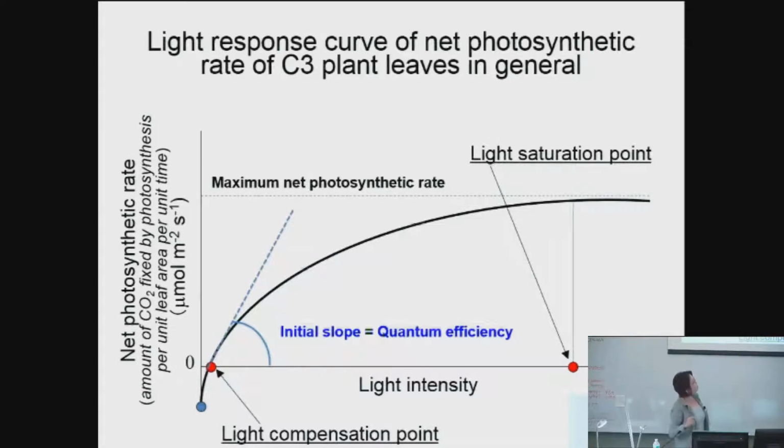That is called quantum efficiency. And then the light saturation point, which maximizes photosynthesis, and that level of photosynthesis is called the saturation or maximum net photosynthetic rate.